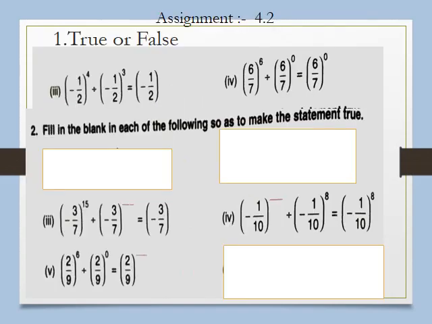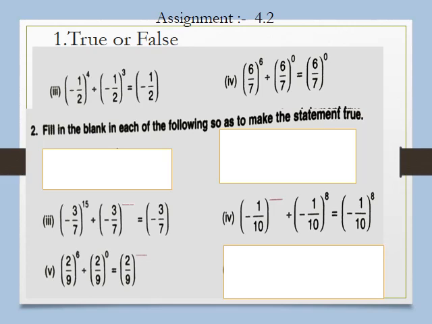Now dear students, today we have learned the different laws. One is division when the bases are equal, how to divide using the powers. Then when the power is 0, what is its value? Naturally its value is 1. And then the power of power means multiply.